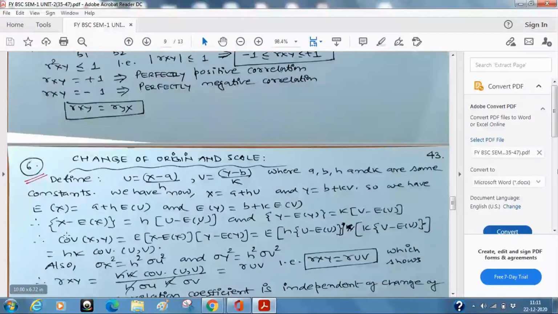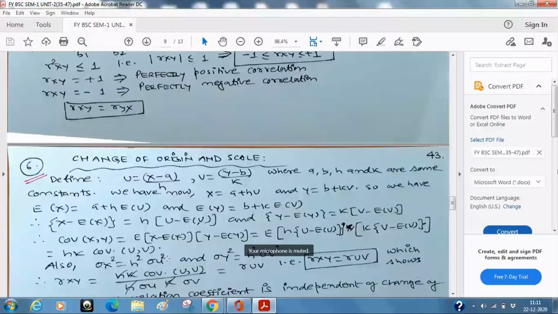So we have covariance between x and y, we have variance of x, we have variance of y. Now let us go back to the basic definition of the correlation between x and y, which we have seen only yesterday. So what is by definition the correlation between x and y? The correlation is covariance upon under root variance of x, variance of y. So what is the covariance here? We have proved covariance between x and y is hk covariance uv, divided by, if you take the square root, of course the squares will go, so this will be h times sigma u, k times sigma v.